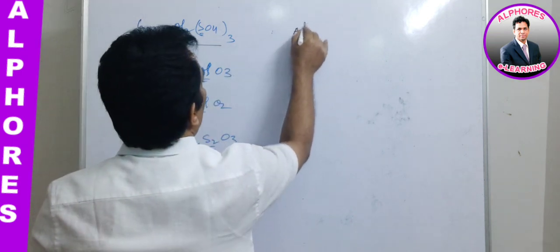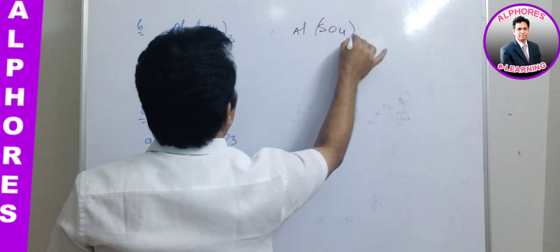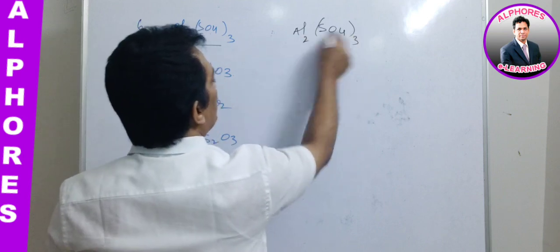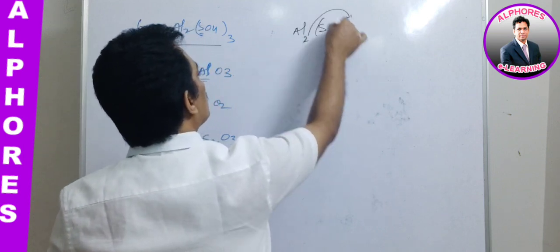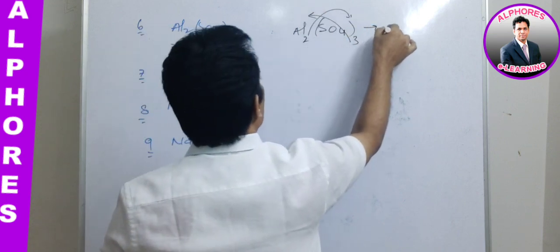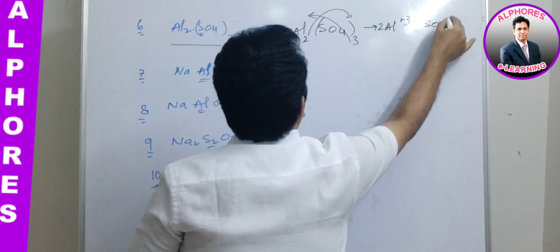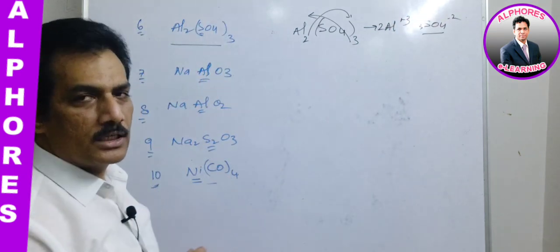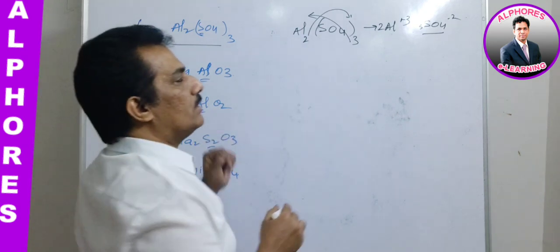For Al2(SO4)3, first of all we have to separate these two ions. Already we know the crisscross method, where we get Al +3 with subscript 2 and SO4 -2 with subscript 3. Now they are asking for the oxidation state of sulfur in the SO4 -2 species.